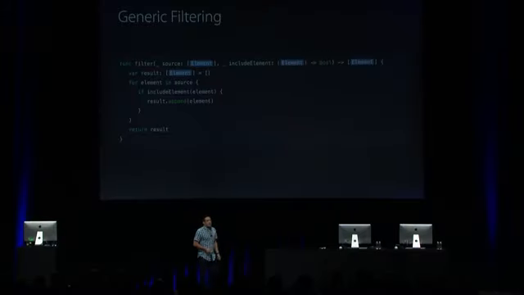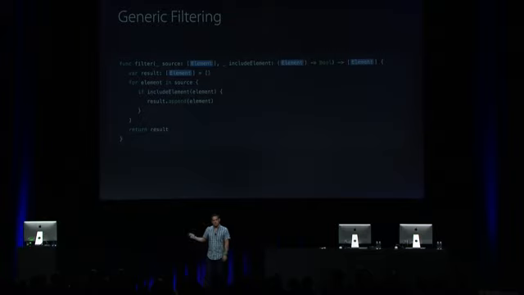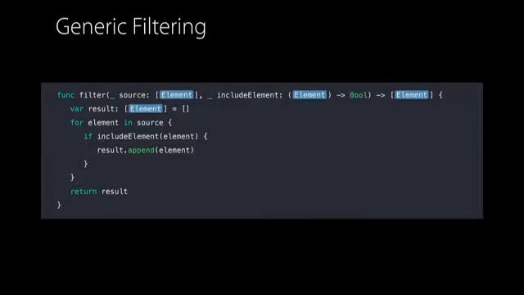Writing one is not much different than what you've seen already. First, you change the names to be more generic. So for example, the function's name is simply filter rather than filterInts or filterStrings. Next, and more importantly, you need to fill in the placeholders that you see here with the type of the elements. But you don't know what that type is yet. So instead, what you really want is a type parameter.